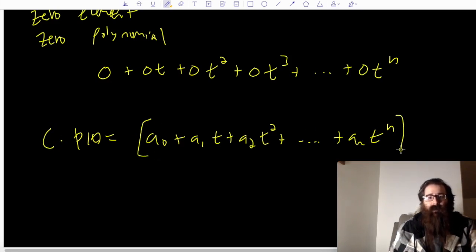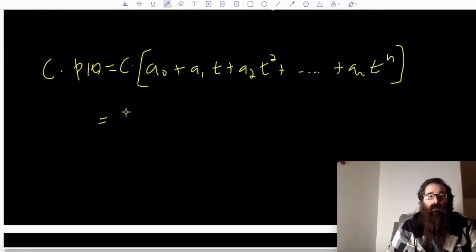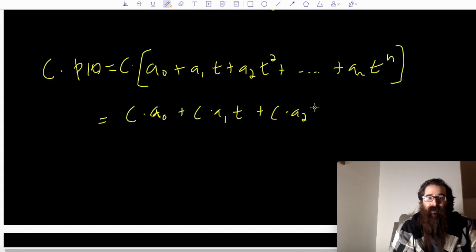I can multiply by a scalar c, and then I can think about distributing this through. And how is that going to look when I distribute c through? Well, I'm going to get c times a sub 0 plus c times a sub 1t plus c times a sub 2t squared plus so on and so forth plus c times a sub n t to the power of n.